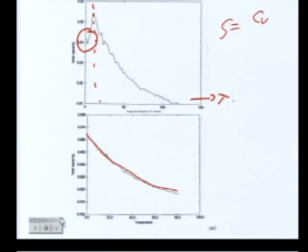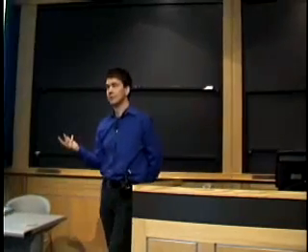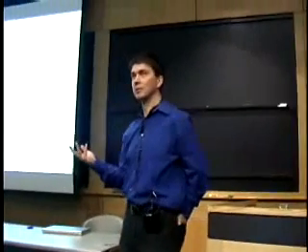So if this goes to 0, this has to go to 0, because otherwise this integral blows up. And heat capacity always goes to 0. So there's something wrong with the model. And what's wrong with it?